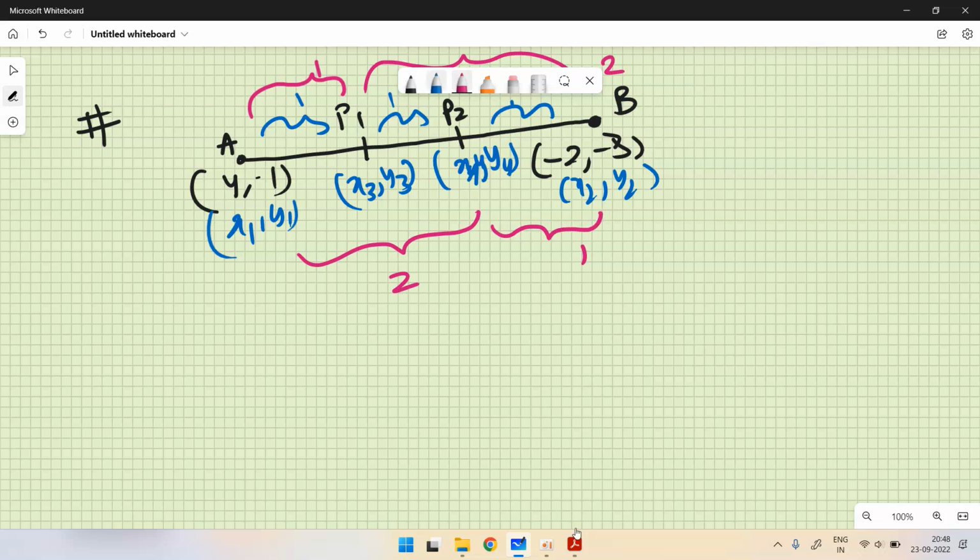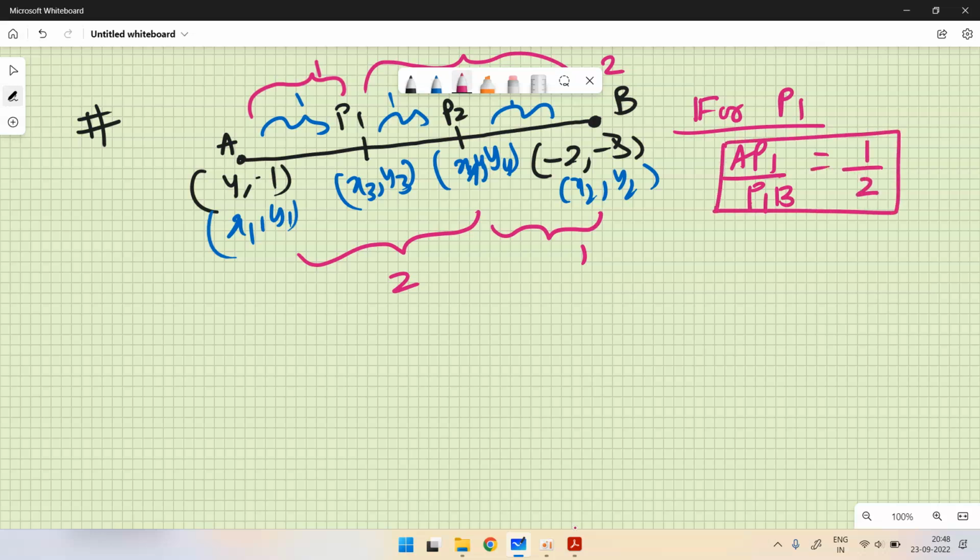Now first I'm writing for P1. AP1 by P1B, again this is 1 by 2, which implies that M1 is 1, M2 is 2 here.